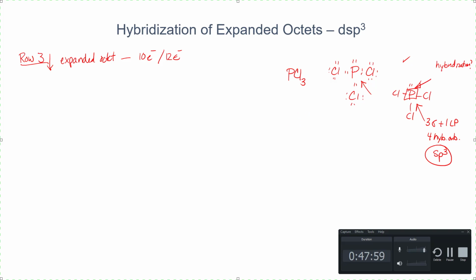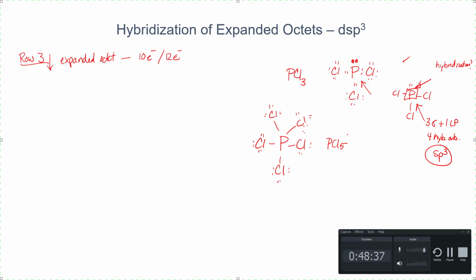Let's expand the octet by taking that phosphorus that already has 3 chlorines attached to it, and let's take the electrons in the lone pair and add 2 more chlorines to it. And now let's make PCl5.